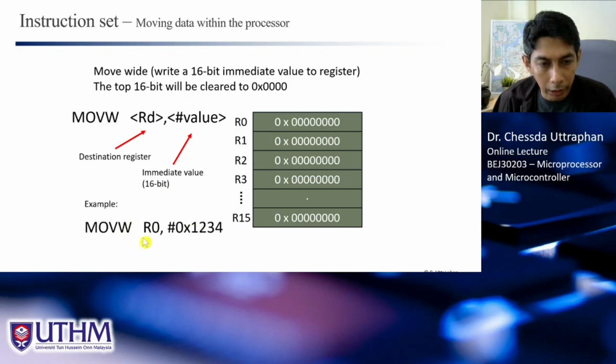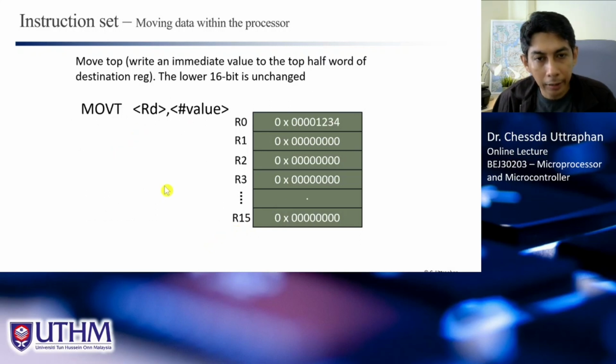We want to put in R0, so we can have this after we execute this instruction, right? Very straightforward. And this is another one, MOVT or move top. Yeah. So this is the way of inserting a 32-bit number into the microprocessor, right?